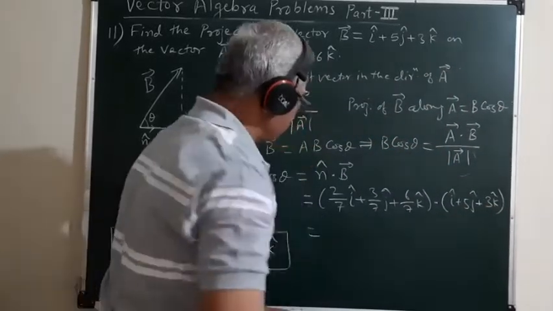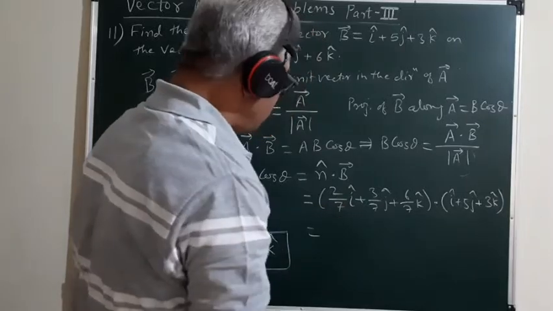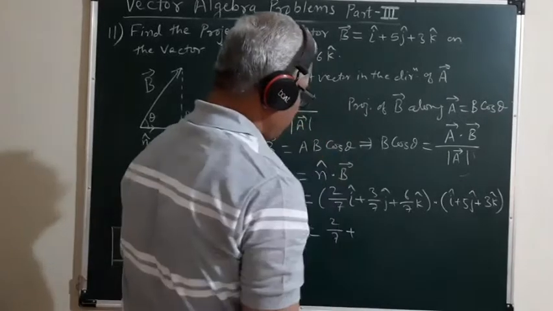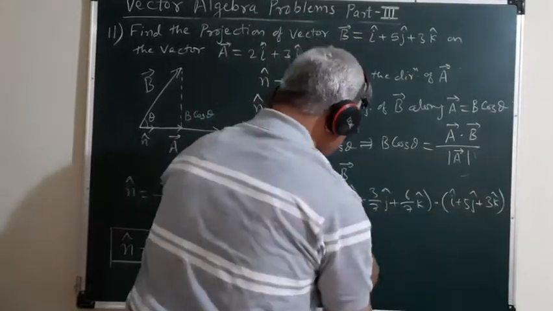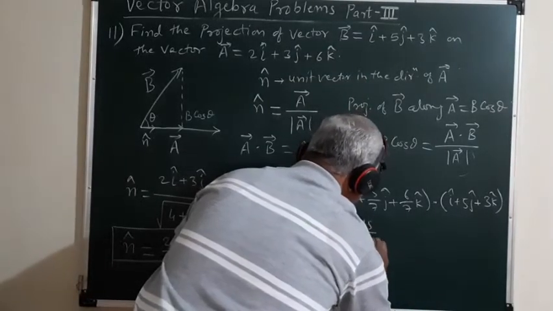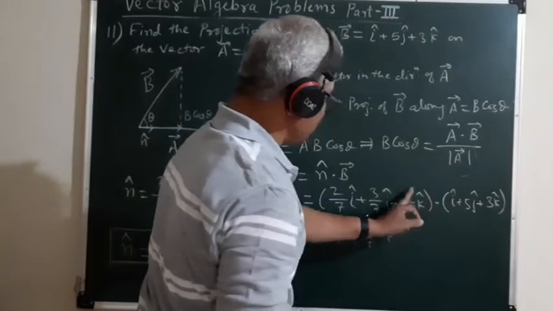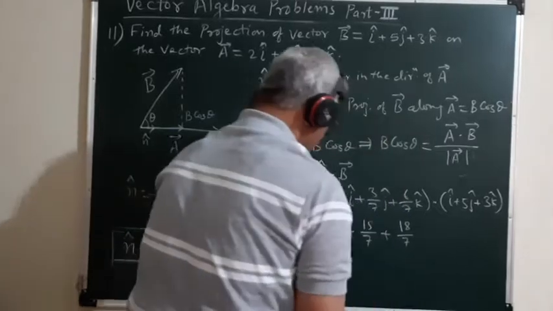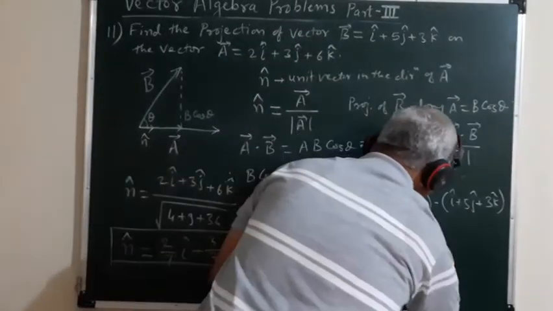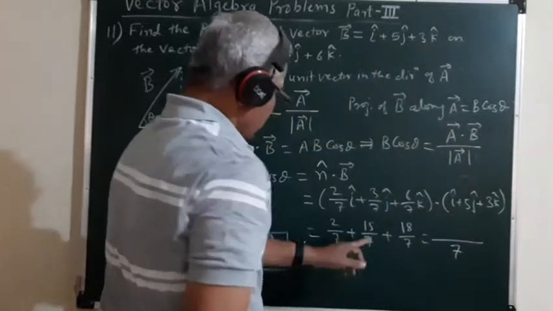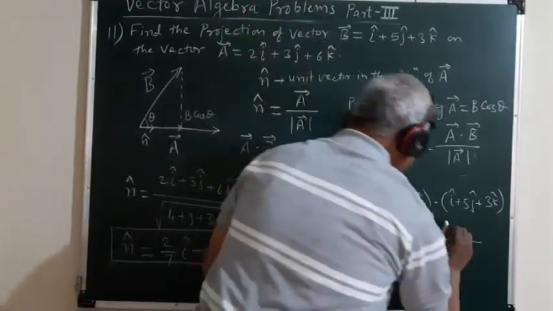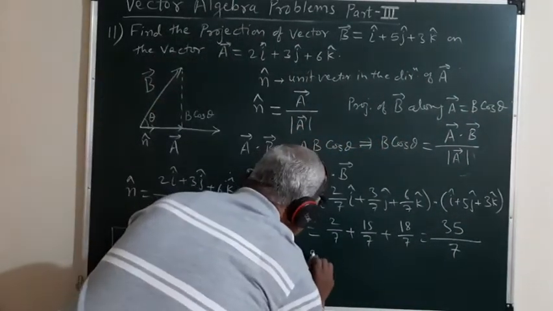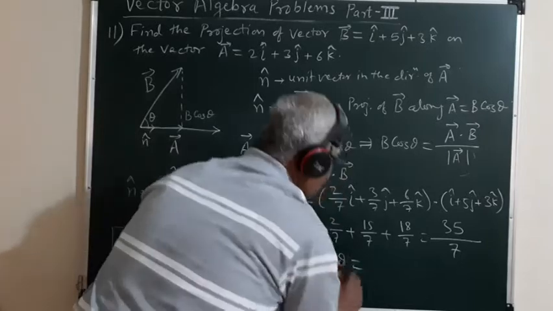So this is equal to 2 by 7 plus 3 by 7 into 5 is 15 by 7 plus 6 by 7 into 3 is 18 by 7. So LCM is 7. So this is equal to 7, 33 plus 2 is 35. So 35 by 7. So b cos theta works out to be equal to 5.